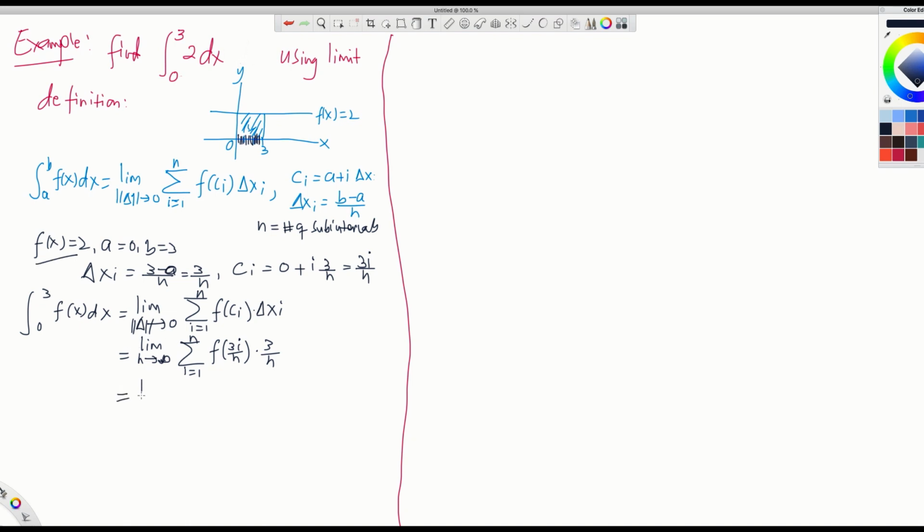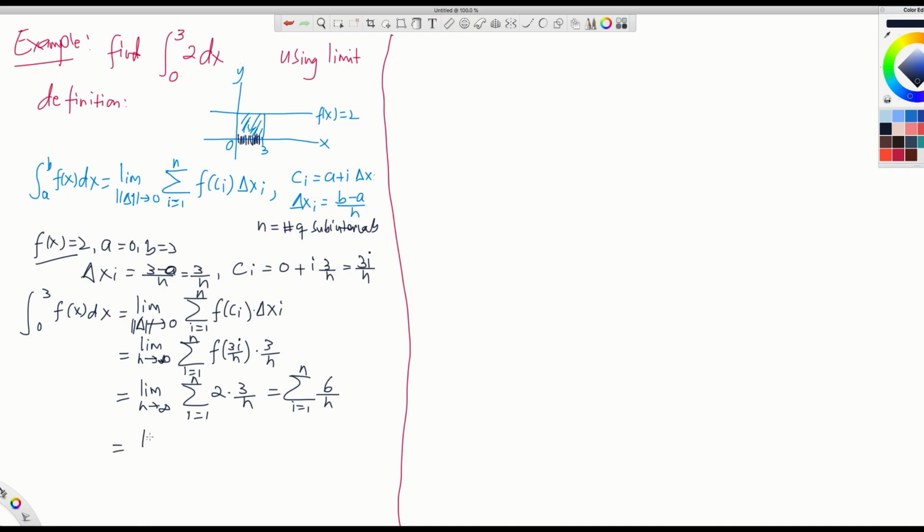So let me write the limit as n tends to infinity, summation i runs from 1 through n, of 2 times 3 over n. So how much is that? This is basically 6 over n, right? So this is summation i runs from 1 through n of 6 over n.